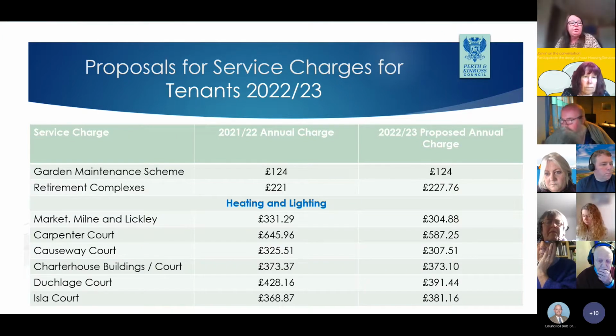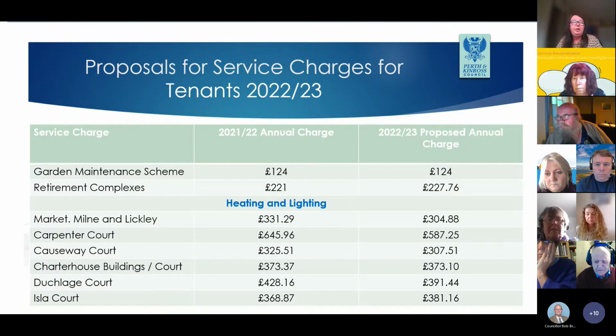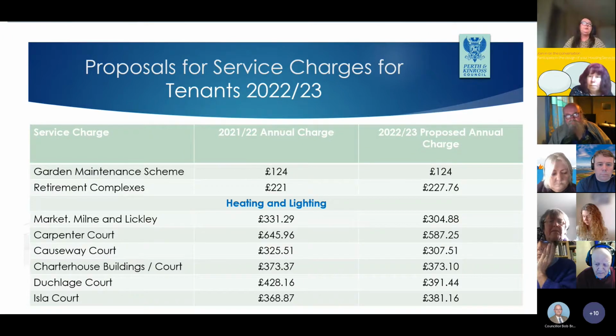I think it's important to stress and remind everyone that in terms of service charges, there is a requirement for the housing revenue account to get the full cost recovery of the service. So that applies to owners within the multi-storey blocks, for example. Tenants' rent money shouldn't be subsidising services that are being provided to owner-occupiers.